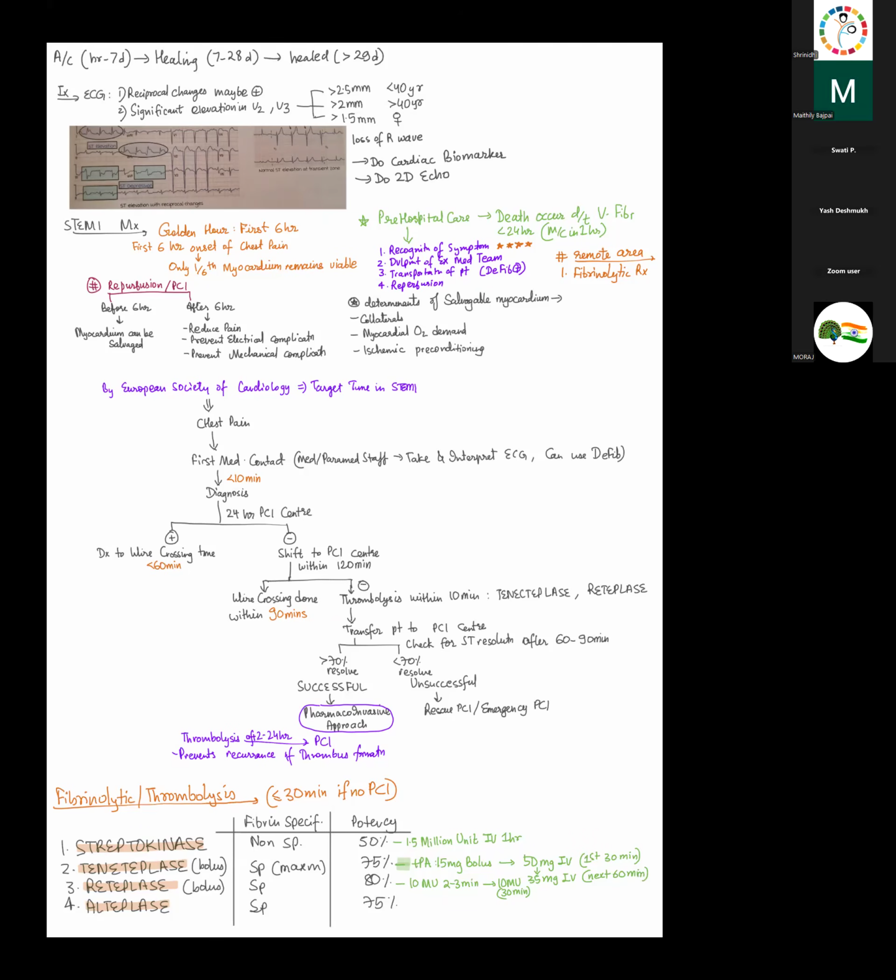Localization of MI on the basis of ECG is a completely different topic and a big topic by itself. But I'm just saying that sometimes the MI may be missed because of these scenarios. Even RVMI, that is right ventricular MI, is not visible very well on the 12 lead ECG as ST elevation. There are different other changes, but you may not find ST elevation.